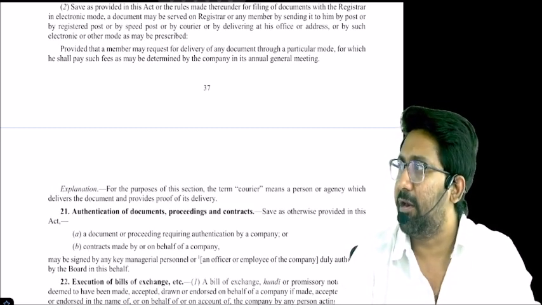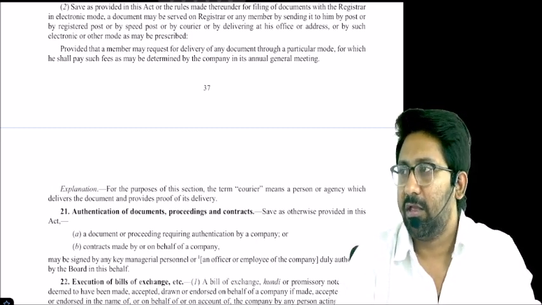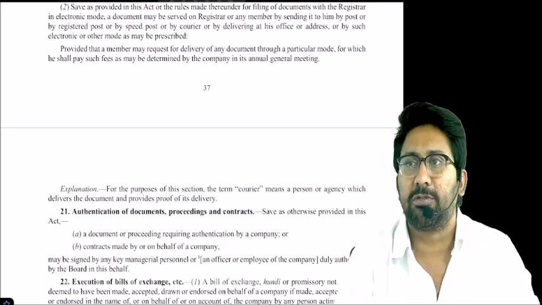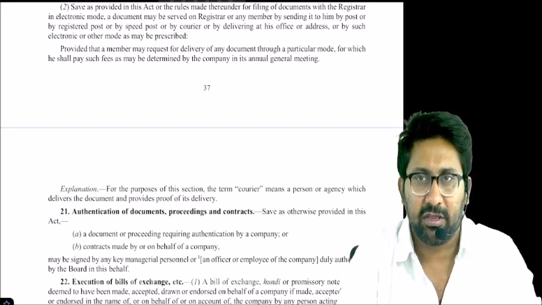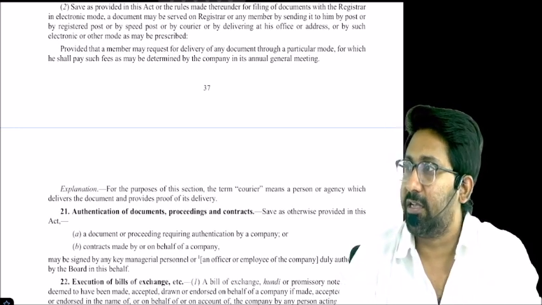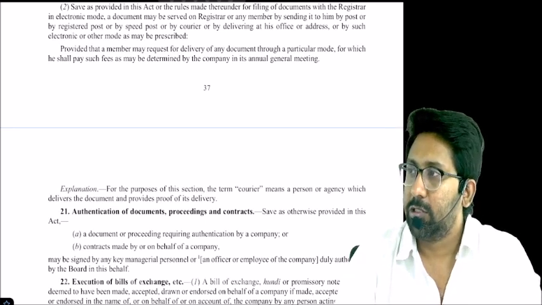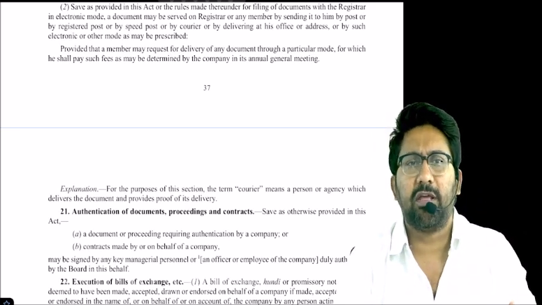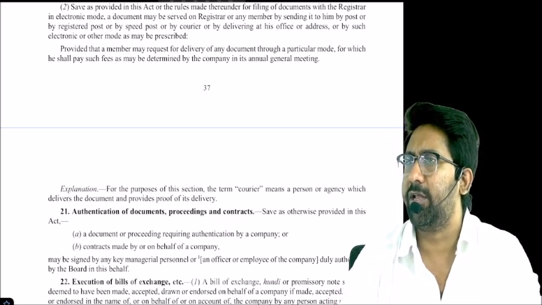Subsidiary company in relation to any other company, namely the holding company, means a company in which the holding company either controls the composition of the board of directors or exercises or controls more than 1/2 of the total voting power, either on its own or through one or more of its subsidiaries. So either board control or shareholders control should be there. Any of these 2 must be controlled in order to become a holding subsidiary.